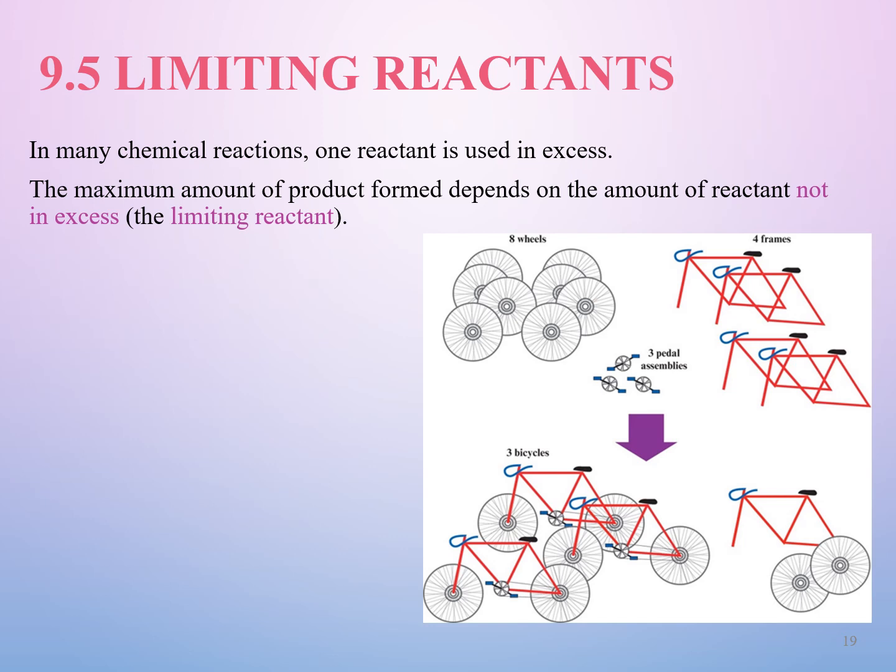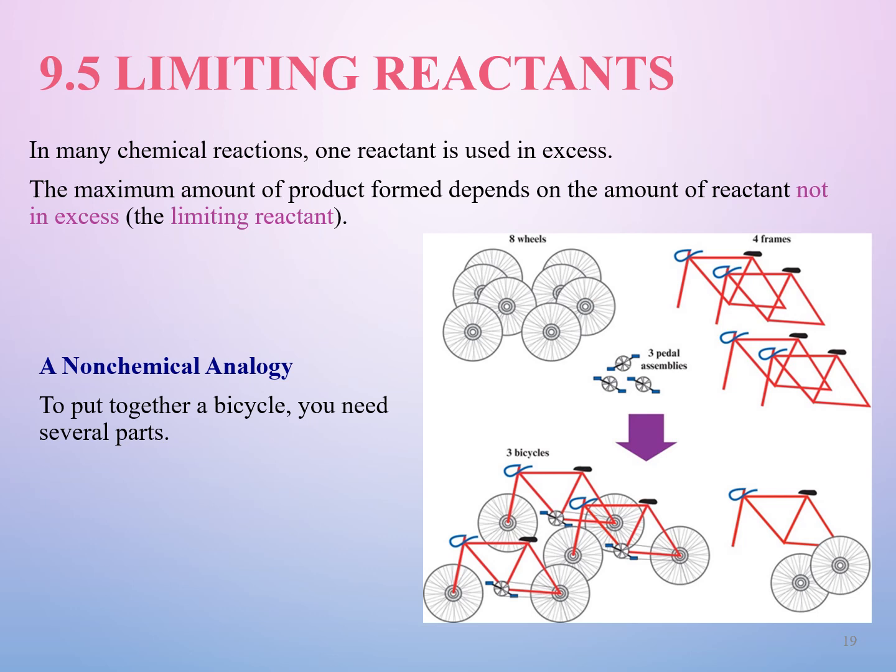Now we want to talk a little bit about limiting reactants. So here's an analogy. If you want to make a bicycle, you need a lot of parts. We need to put parts together here. So we need some wheels. We have some frames. We have some pedals, okay?